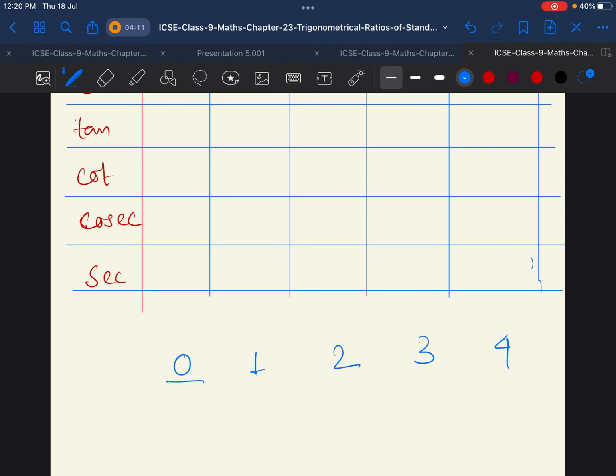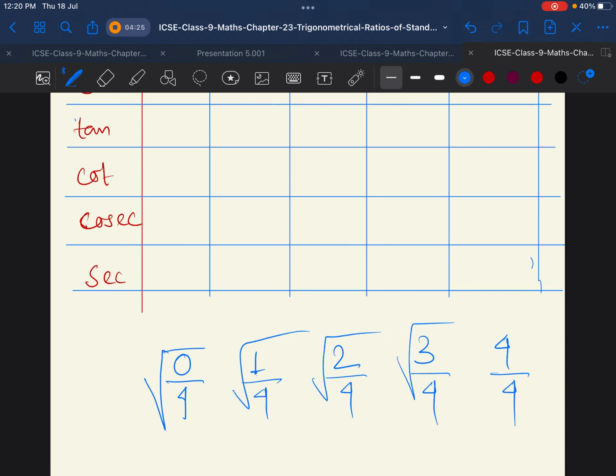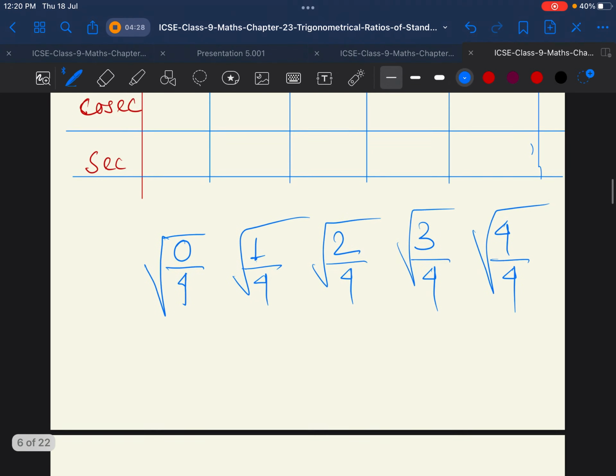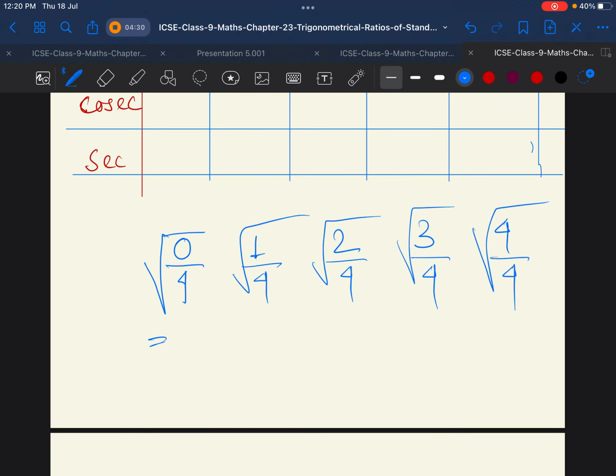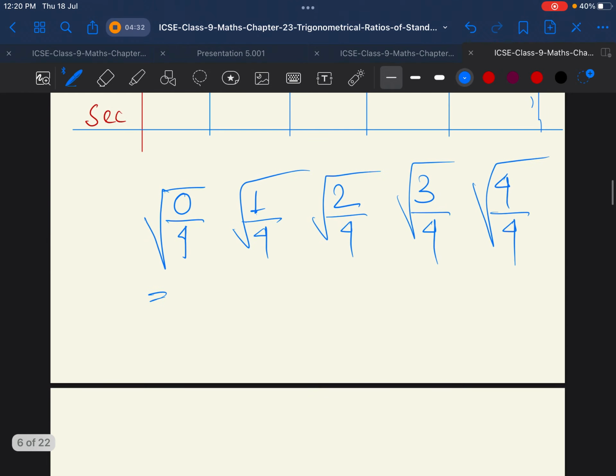Now we take 4 in the denominator for all of them. Now we take the square root. So this is 0, and this is 1 by root 4. The square root of 4 is 2.